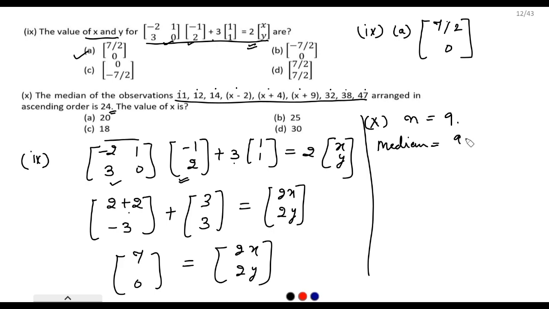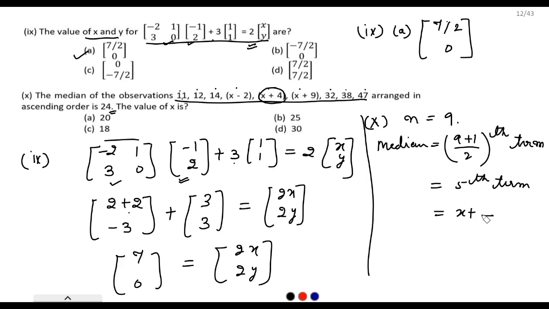So the median will be the (n plus 1) by 2th term, means the 5th term. Now look at the question. What is the 5th term? 1, 2, 3, 4, 5, it is x plus 4. And the median is given as 24. This is equal to 24 means x is equal to 20. A is the right option.